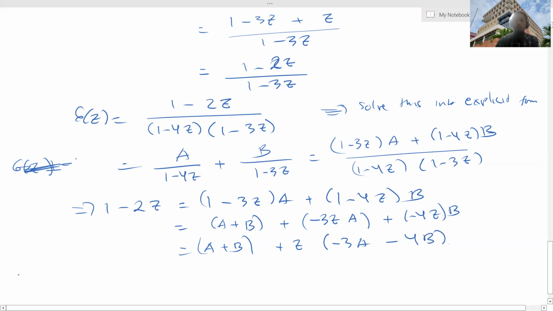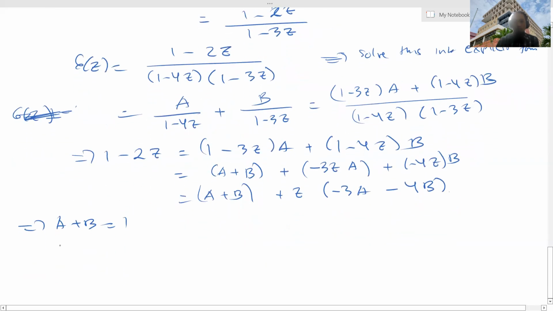So therefore, a plus b is 1. And also minus 3a minus 4b is minus 2. So here, let me multiply the first equation by 3. So you have 3a plus 3b is 3, and then minus 3a minus 4b is minus 2.